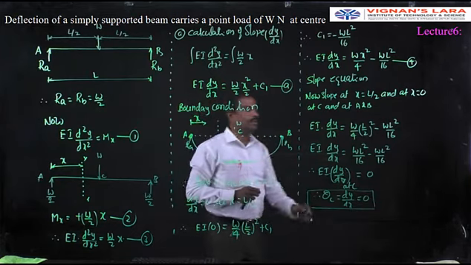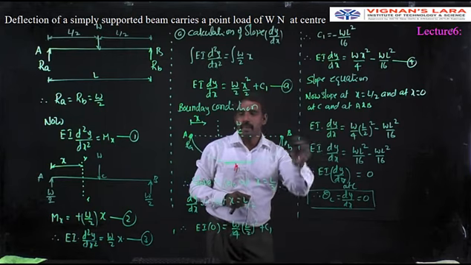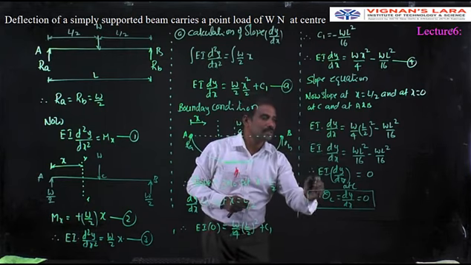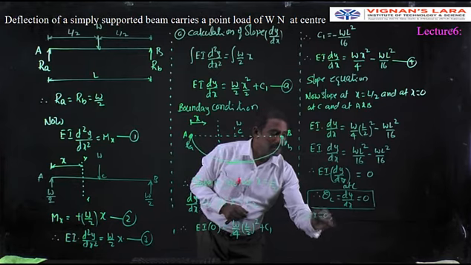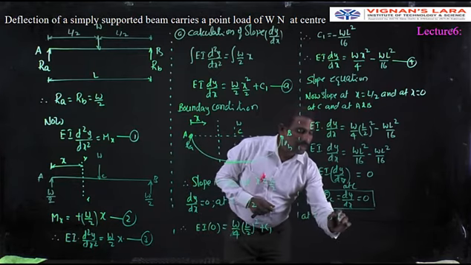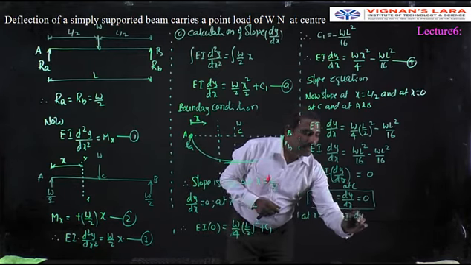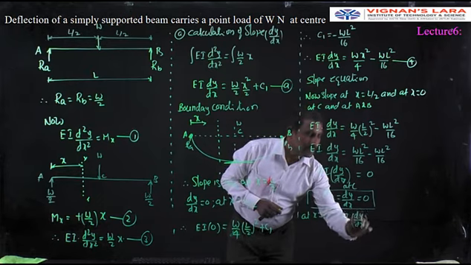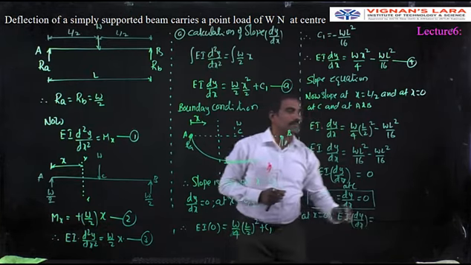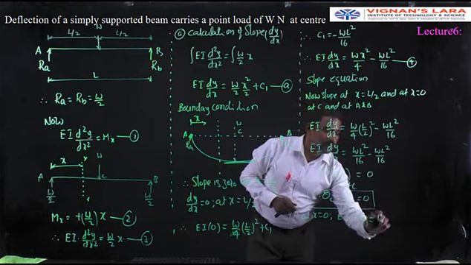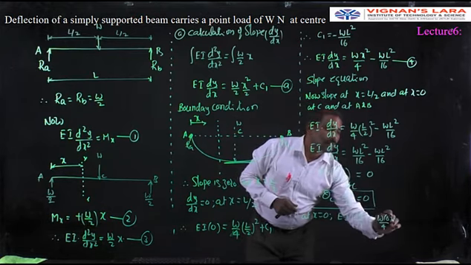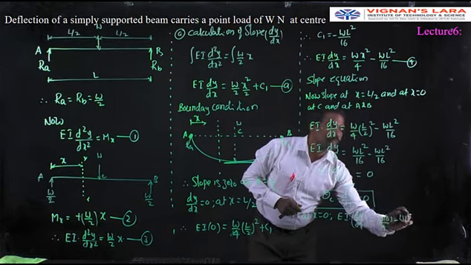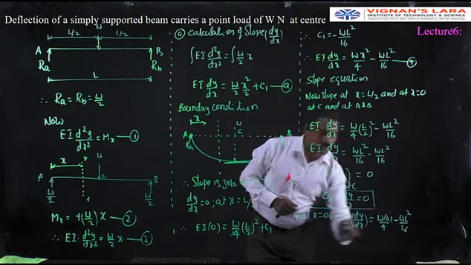Now slope at A, that is at x is equal to 0. So at x is equal to 0, EI into dy by dx is equal to, what about the x value, W into 0 whole square by 4 minus WL square by 16.